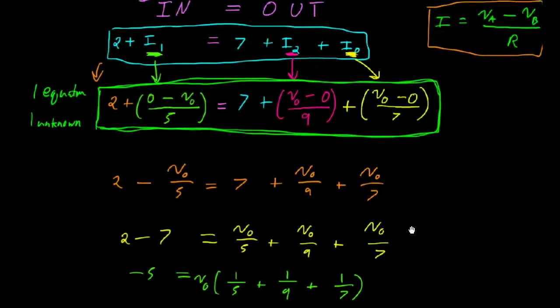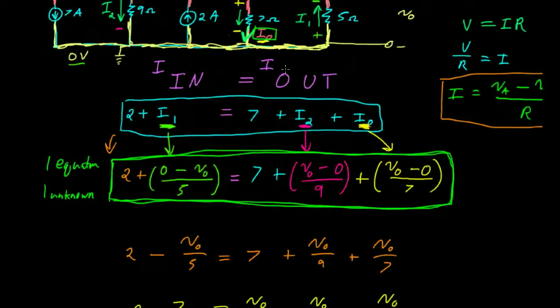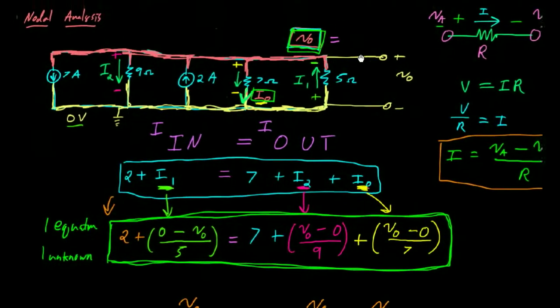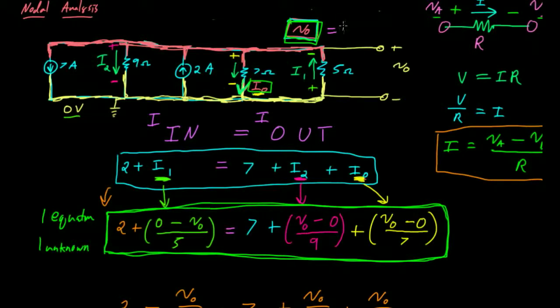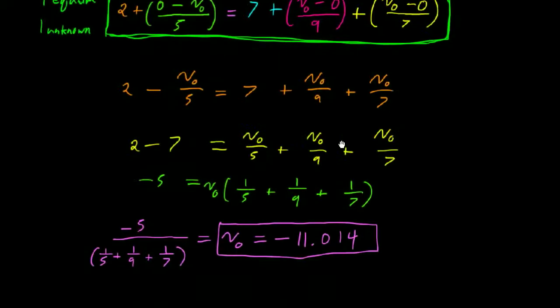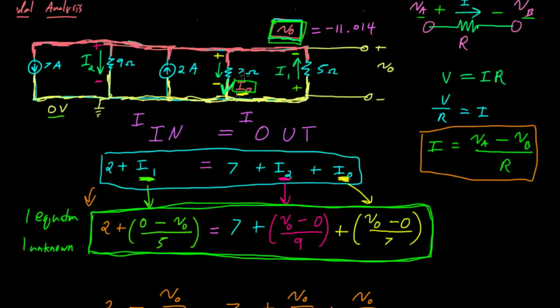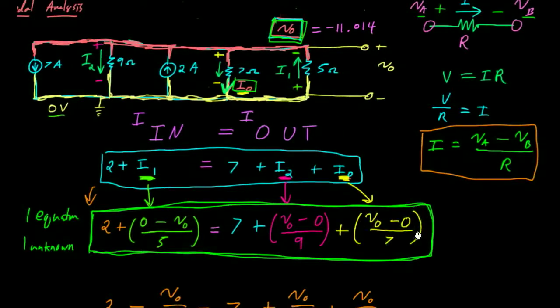And let me just go ahead and I am also going to solve for I0. So I've solved for my V out. I've figured out that my V out is going to be minus 11.014. That's what it was, right? Yeah, minus 11.014. And so now I have to figure out what my I0 is, right? So my I0, let me write this over here.